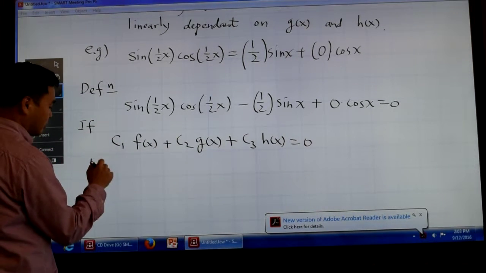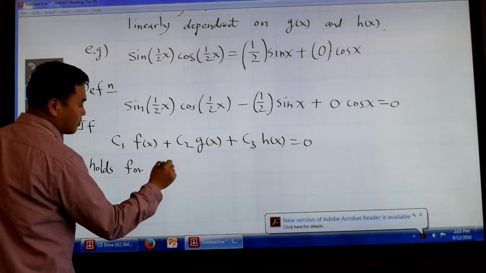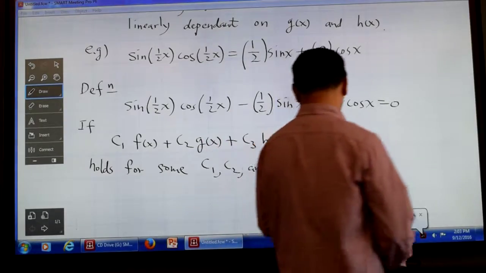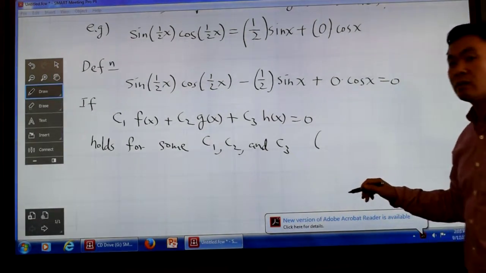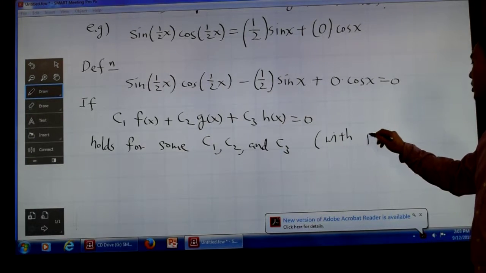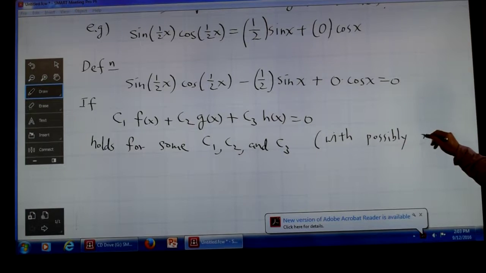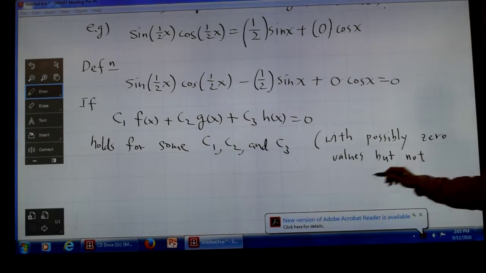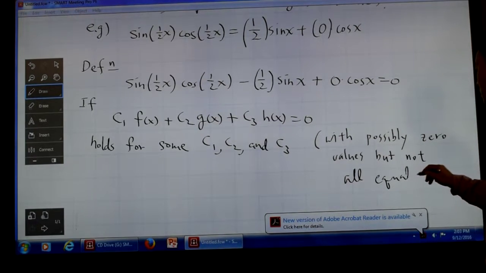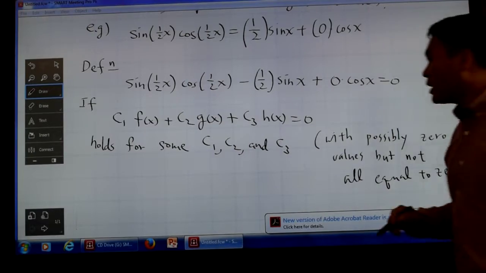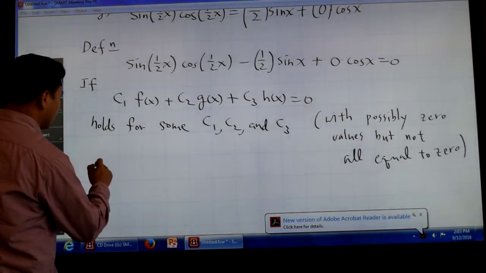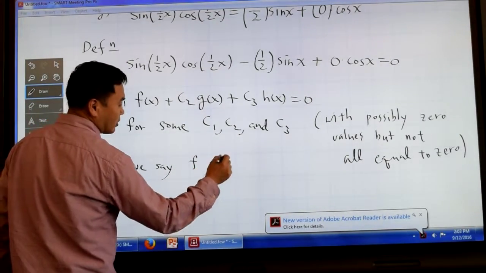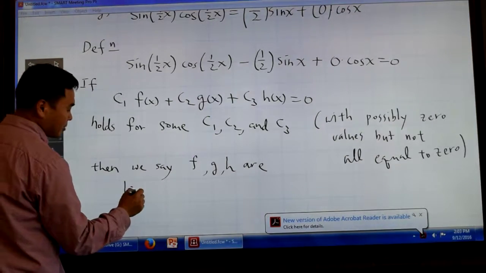So if this holds for some c1, c2, and c3, with possibly 0 values, but not all equal to 0, then we say f, g, h are linearly dependent.